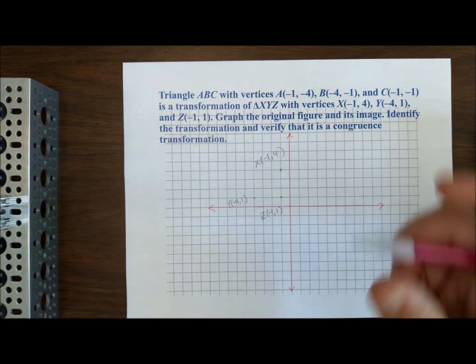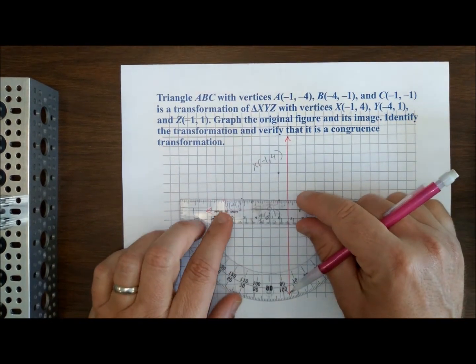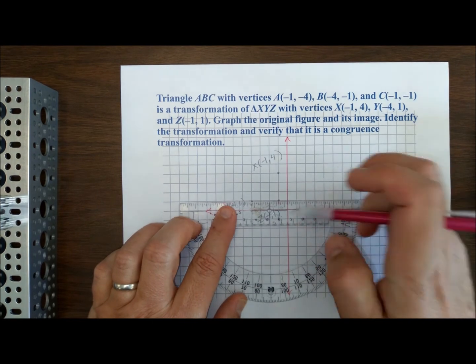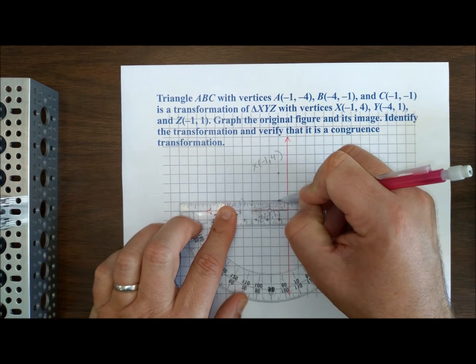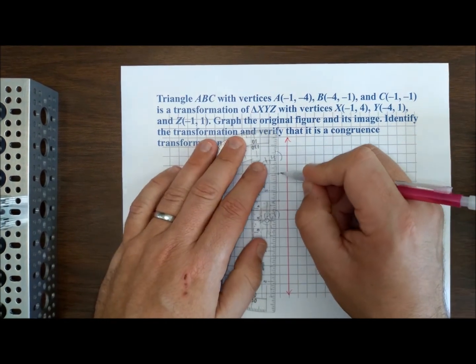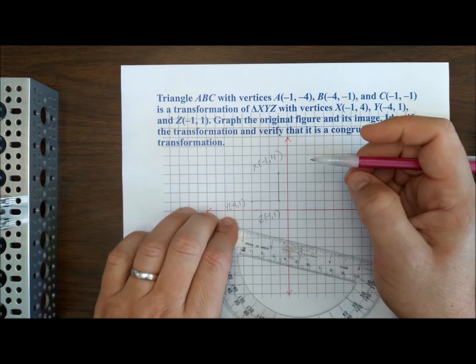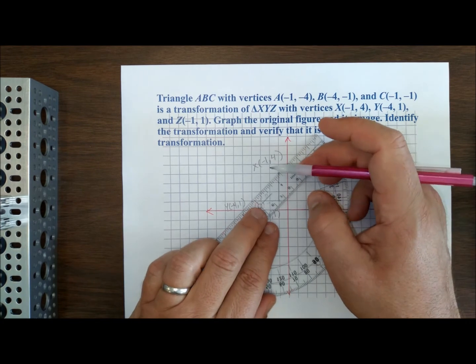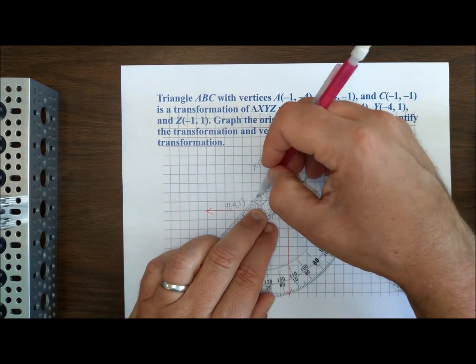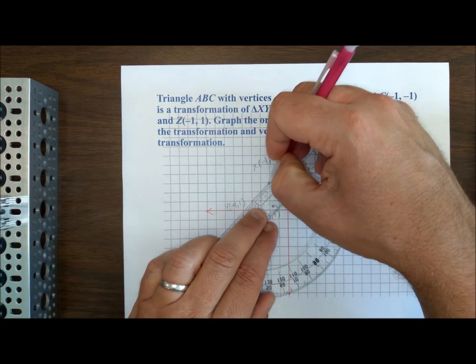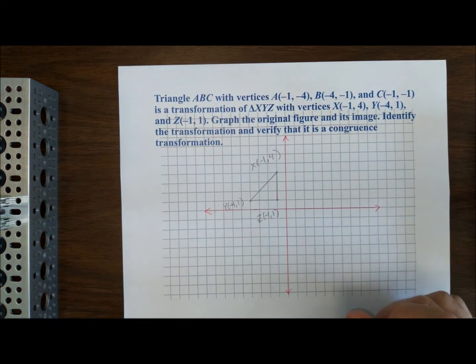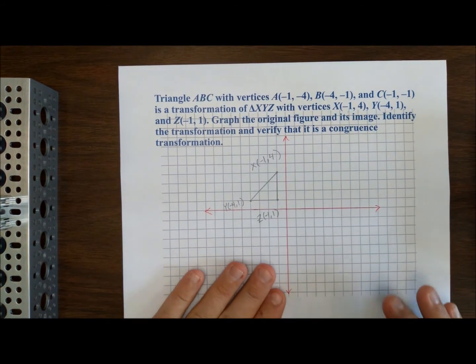I like this triangle. It's a right triangle. Right triangles are nice and easy to work with, especially when they plot like this. Okay, so there's triangle XYZ. That's our pre-image. And then let's see what happens. What kind of transformation are we looking at when we go to triangle ABC, our image?